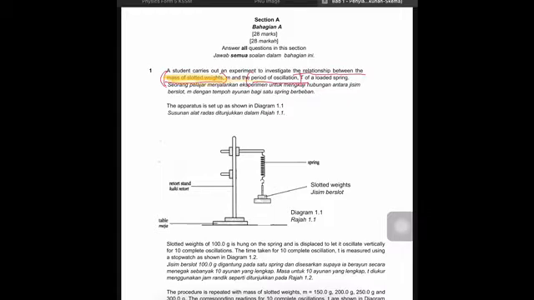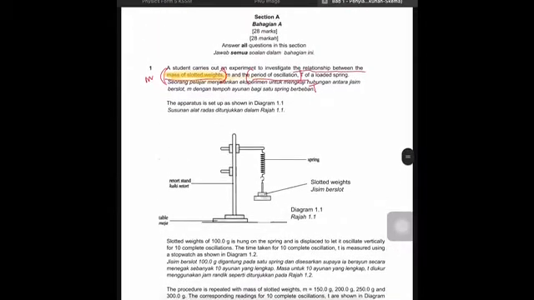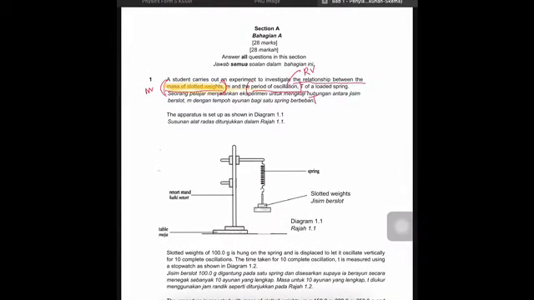One is mass, another one is period of oscillation T. We don't know yet what your responding variable and manipulated variable are, but roughly you should understand that your period of oscillation will be your RV and your mass should be your MV.